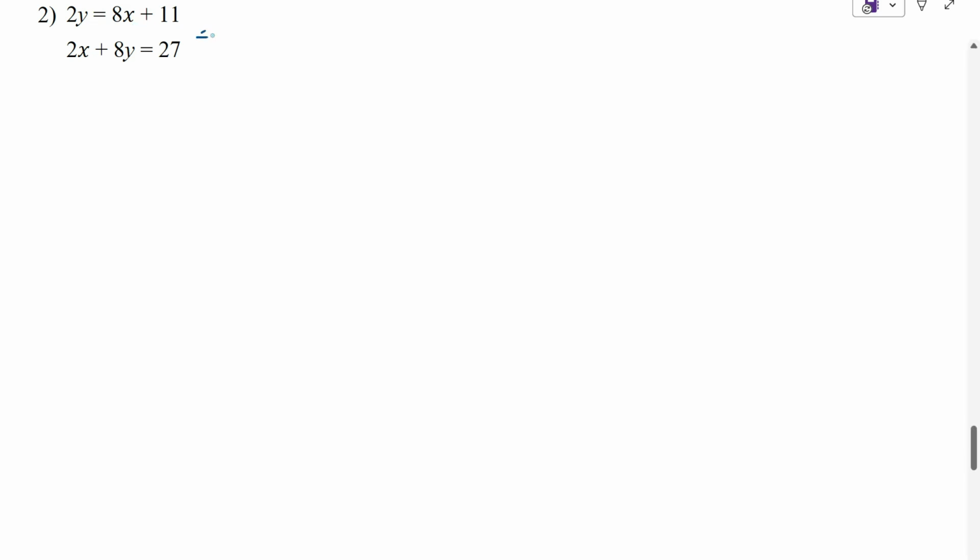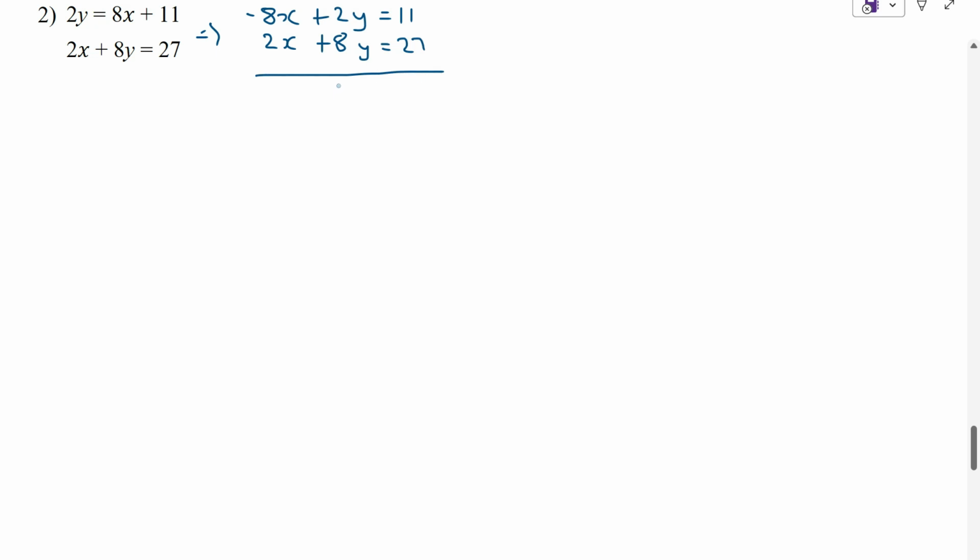Okay, so that's going to give us, if we move this 8x over, we're going to have minus 8x plus 2y, y stays the same, equals 11. Now the bottom equation, we've got 2x plus 8y equals 27. So yeah, that looks fine now. The x's and the y's are aligned, so we can go ahead to the next step.